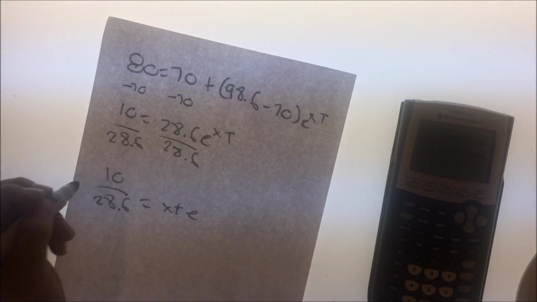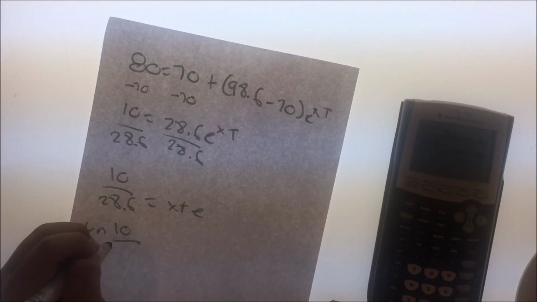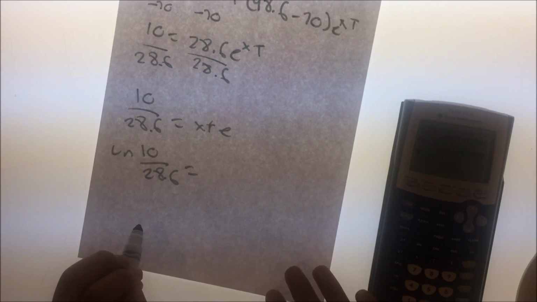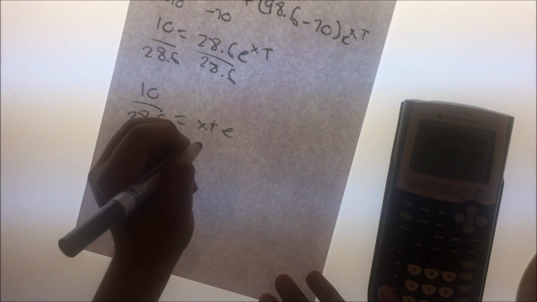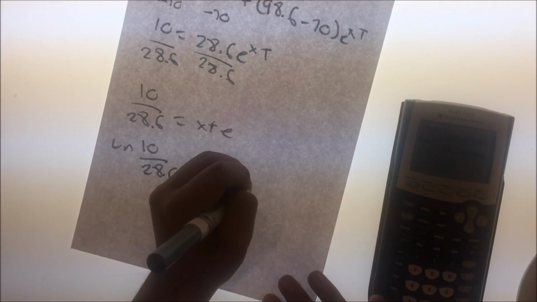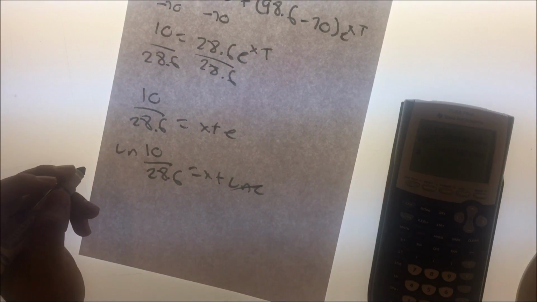Now we do the natural log of 10 over 28.6 equals x t, and ln of e would be just 1, so we would cancel that out.